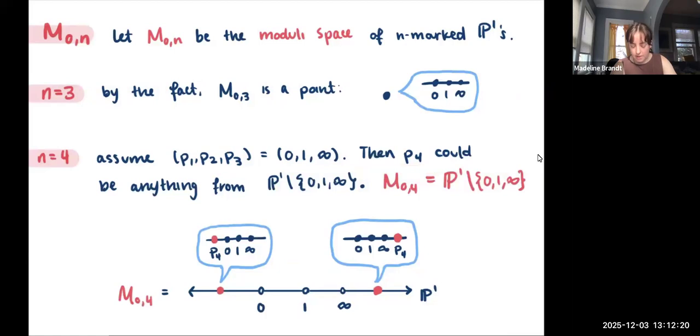I'm not allowed to pick 0, 1, or infinity. So as I drift this point around in the moduli space, the 4-marked P1 that it corresponds to is the one where that point is selected as P4, my fourth point.